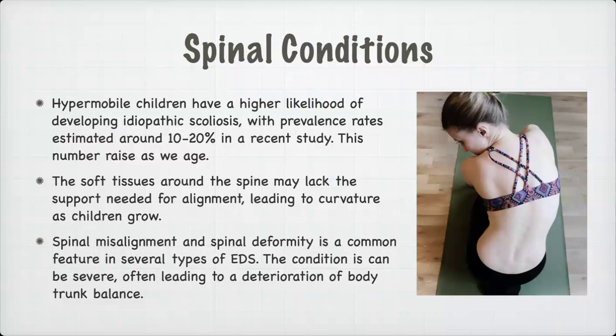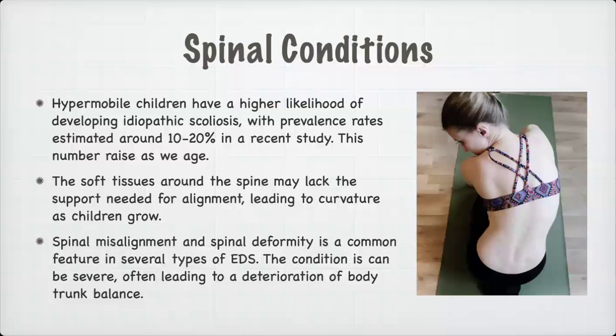But what is really interesting, in my experience, is that because the indication is not necessarily vertebral degeneration, but the lack of soft tissue around the spine, the lack of support for the spinal alignment, the progression rate is way lower.